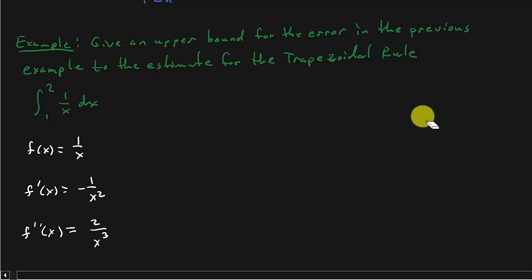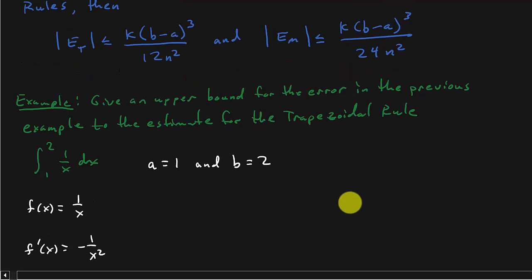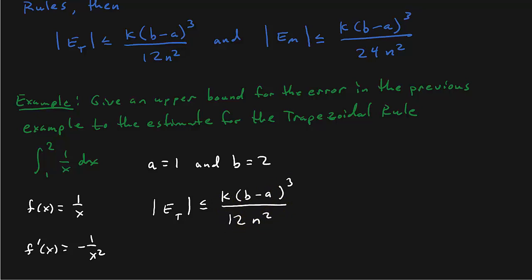Now, we know that a is equal to 1 and b is equal to 2. So let's write down what we have. E sub t is less than or equal to k times (b minus a) cubed over 12n squared.